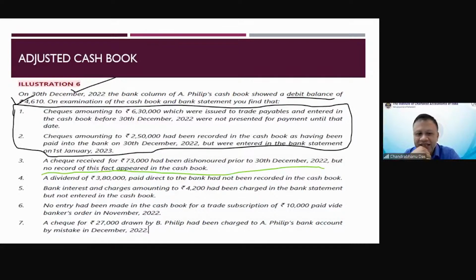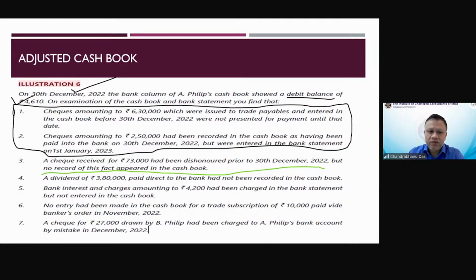Once you see it, then you start adjusting your cash book. That's what is known as the adjusted cash book. Unless you see the passbook, how will you know? Because I wrote here a dividend of 3 lakh. If you had not seen that fourth point and I had asked how much dividend, you would not have been able to say. Yes, yes.